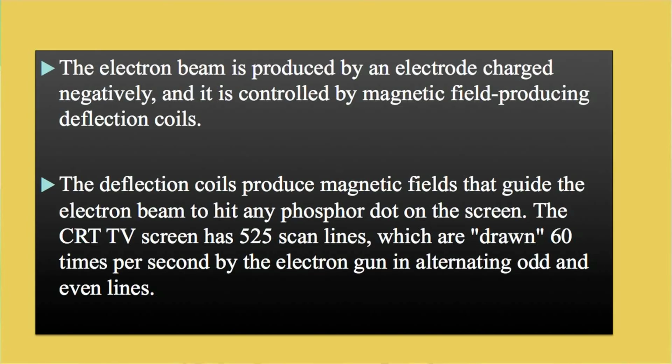The electrons released from the electron gun illuminate the phosphor dots on the CRT TV screen. The deflection coils produce magnetic fields that guide the electron beam to hit any phosphor dot on the screen. The CRT TV screen has 525 scan lines which are drawn 60 times per second by the electron gun in alternating odd and even lines.